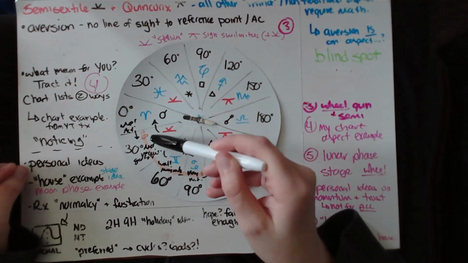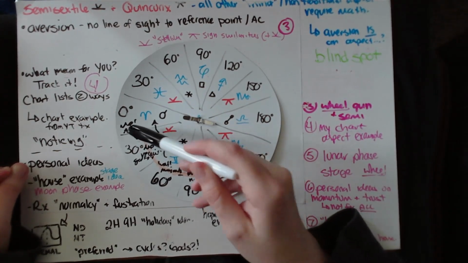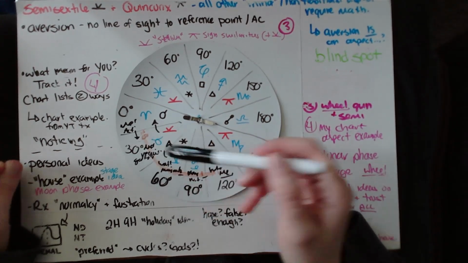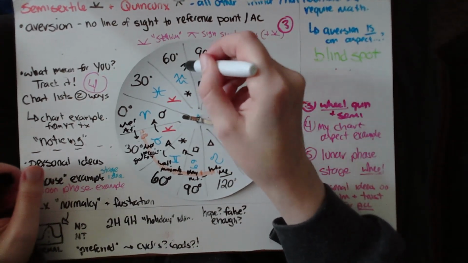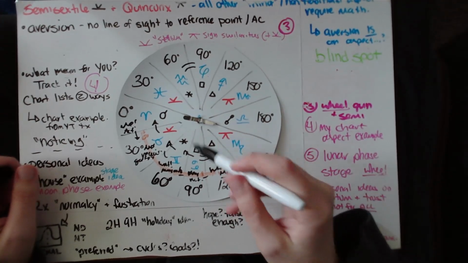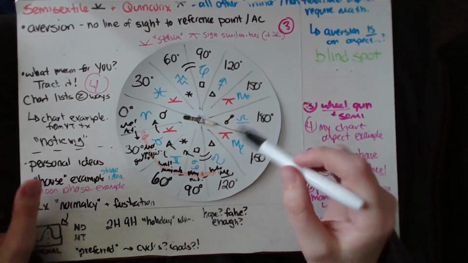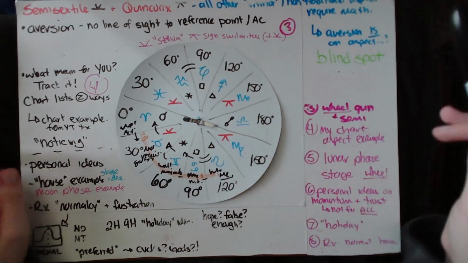And there's a shift every time we move, not only in element, but in modality and in ruler. The only two places that double up in ruler are going to be these two. You could maybe consider that the two luminary signs are together, but they've got different bodies ruling them, so maybe not.